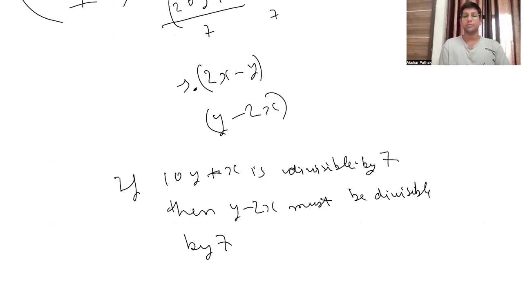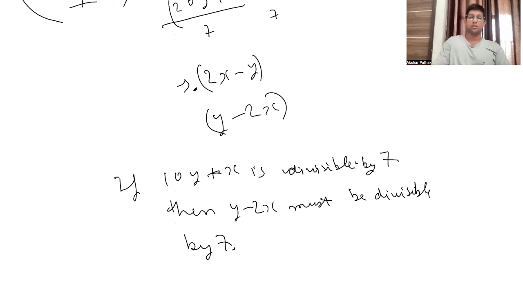And vice versa. If y minus 2x is not divisible by 7, then 10y plus x will also not be, because if 10y plus x is not divisible by 7, then 20y plus 2x will also not be divisible by 7, and if 20y plus 2x is not divisible by 7, then its half will also not be divisible by 7. So this is vice versa. So for 10y plus x to be divisible by 7, y minus 2x must be divisible by 7.